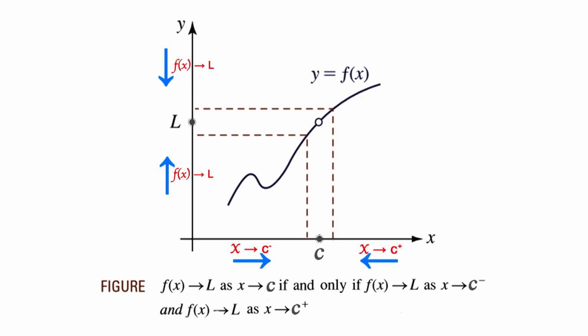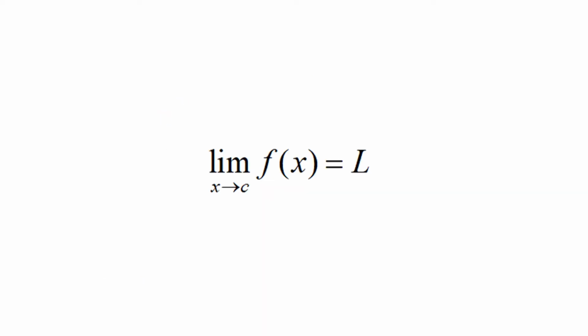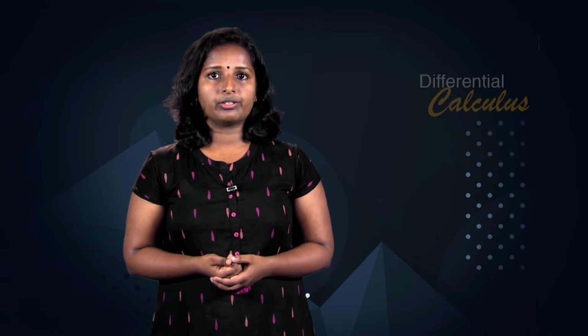If f(x) can be made as close as we like to the number L by taking values of x sufficiently close to c but not equal to c from both the left and right sides of c, then we write limit of f(x) as x approaches c is L, which is read limit or two-sided limit of f(x) as x approaches c is L, or f(x) approaches L as x approaches c.